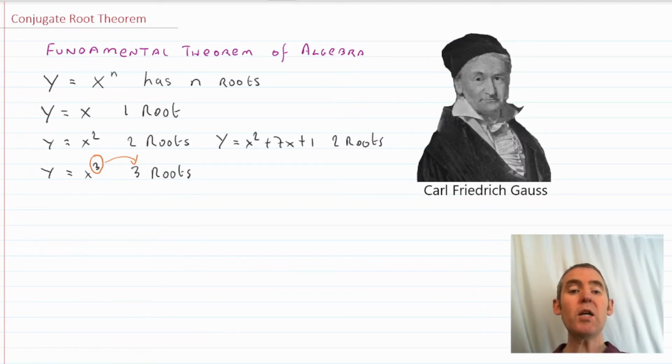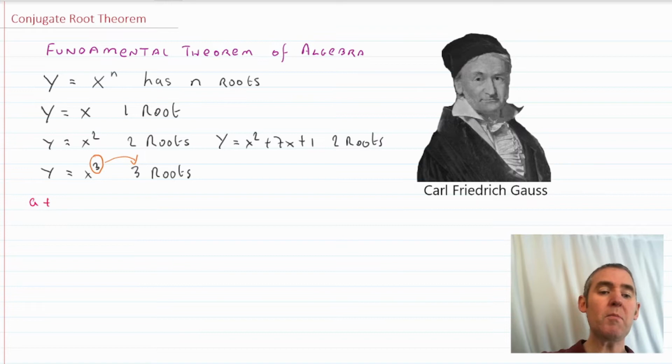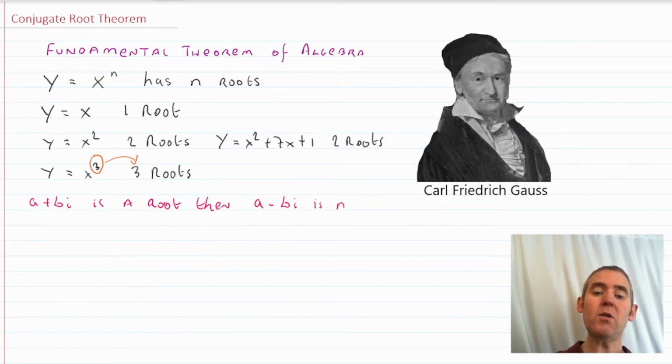Now, what the conjugate root theorem states is that if you have complex roots, and a plus bi is a root, then a minus bi is also a root.